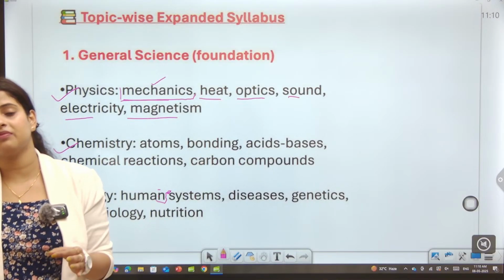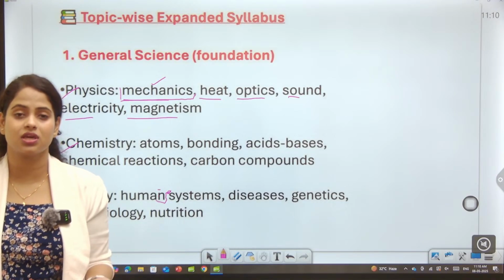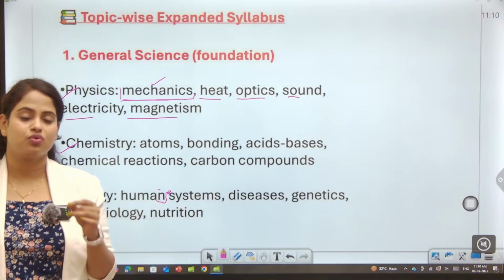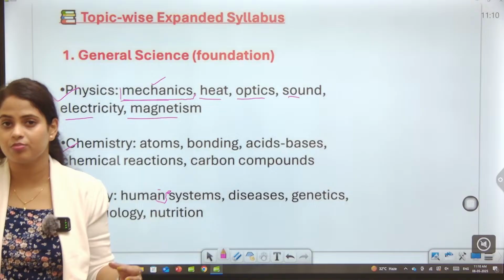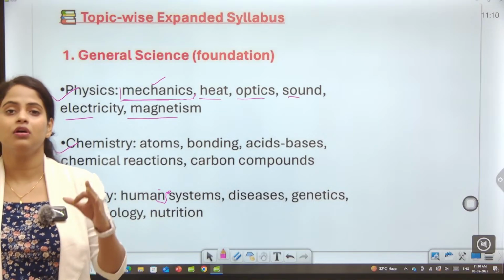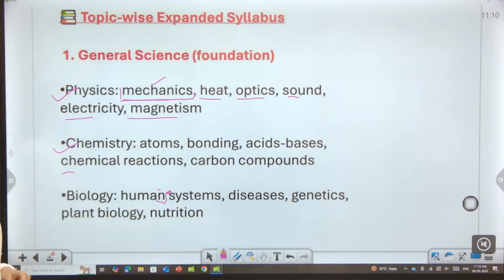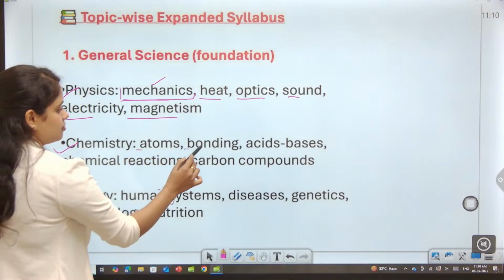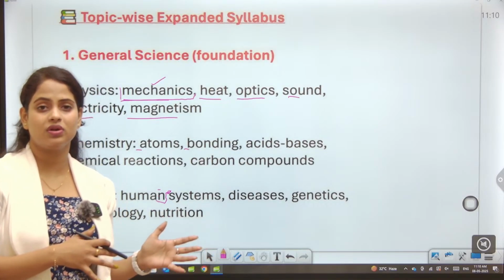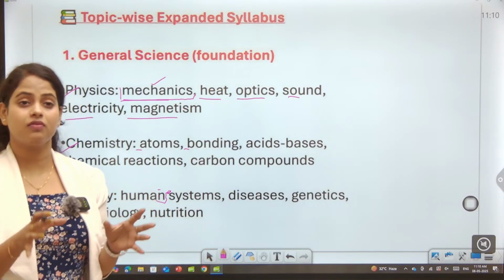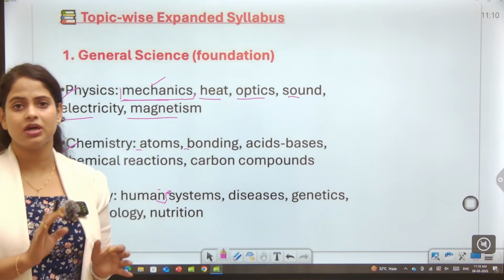So do not overthink whether you can do it or not. Guys, you can do it. There is nothing impossible in this world if your dedication towards your goal is strong. So atoms, bonding, everything we have read in our school days. If you have not remembered yet, you can go through the easy syllabus from the NCERT.